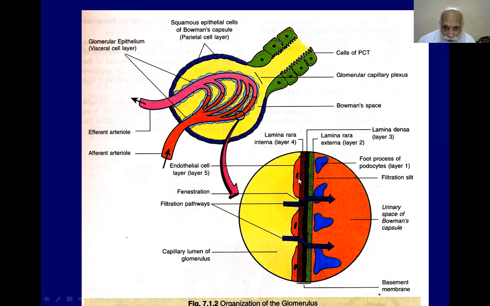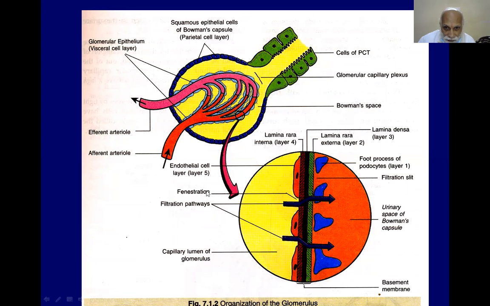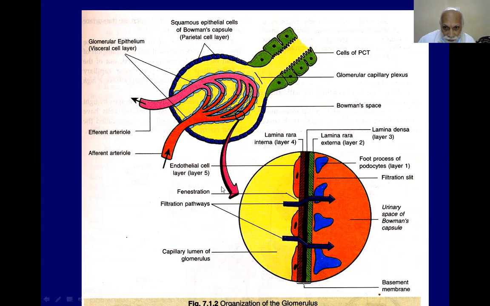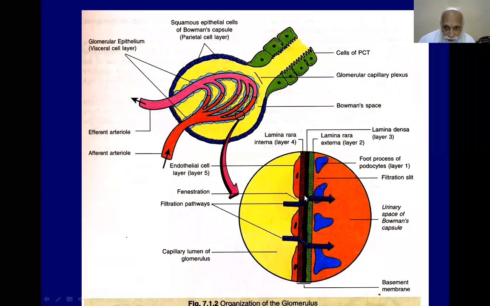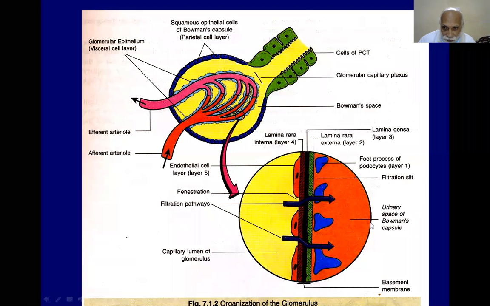Then the capillary wall, apart from the basement membrane, has the endothelial layer, endothelial cells. There are fenestrations in between them. Fenestra refers to a window, that means an opening on the wall of the endothelial layer. This is the capillary lumen side. Then the other side is the Bowman's capsule's urinary space.